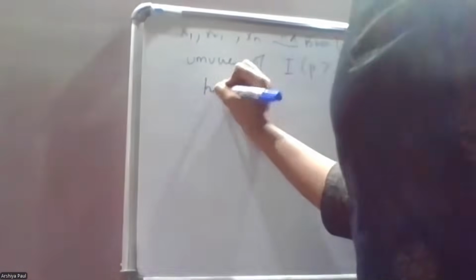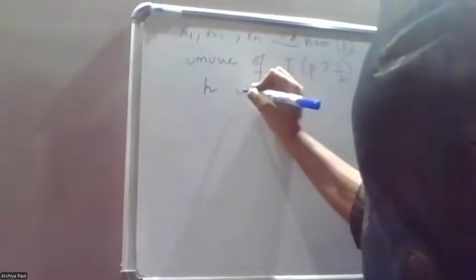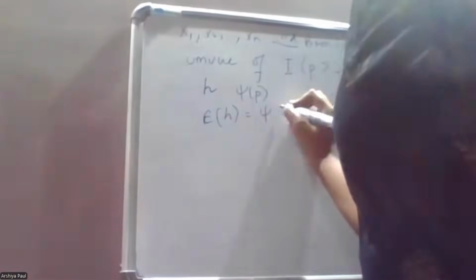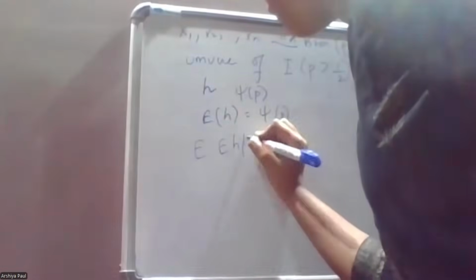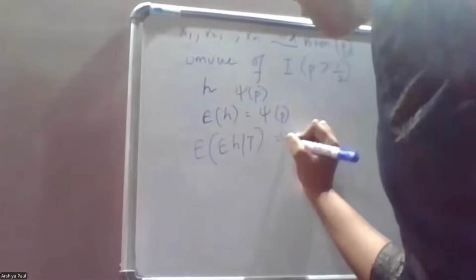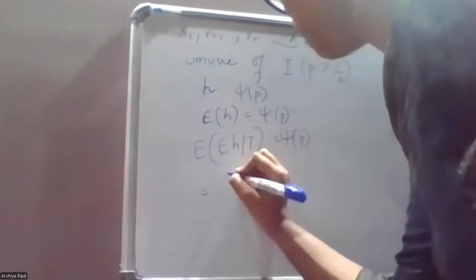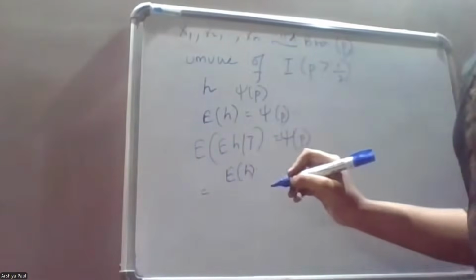When H is unbiased for, let's say, psi(p), the expectation of H is psi(p). I want to show that the expectation of H given T is also psi(p). This will be equal to the expectation of H because of the distribution. It will be unbiased.